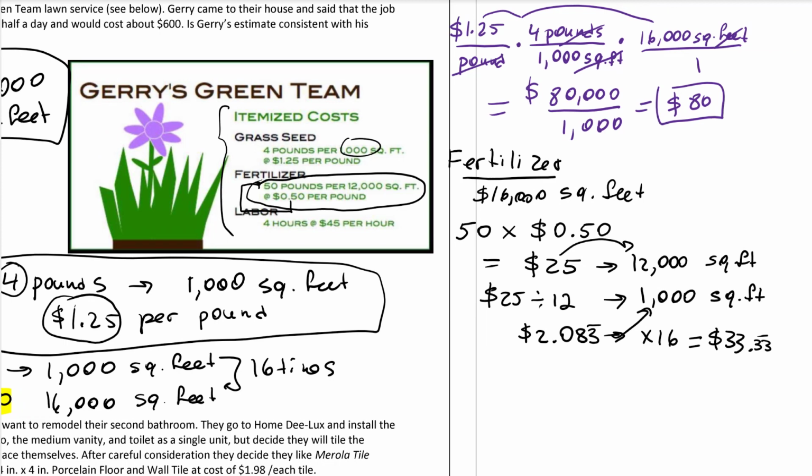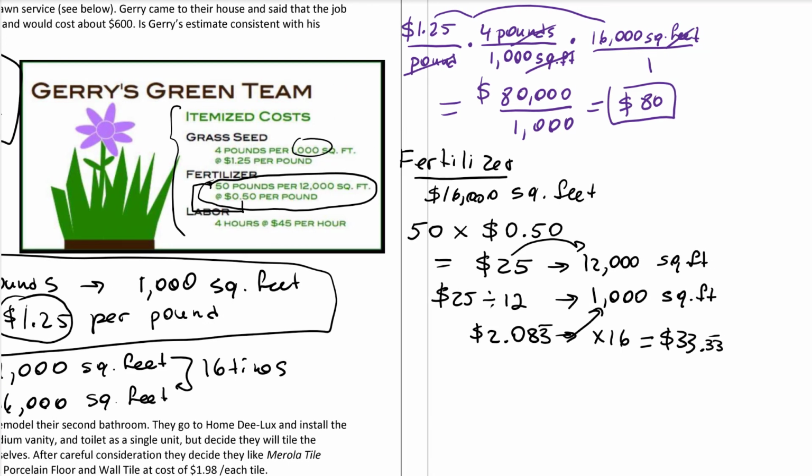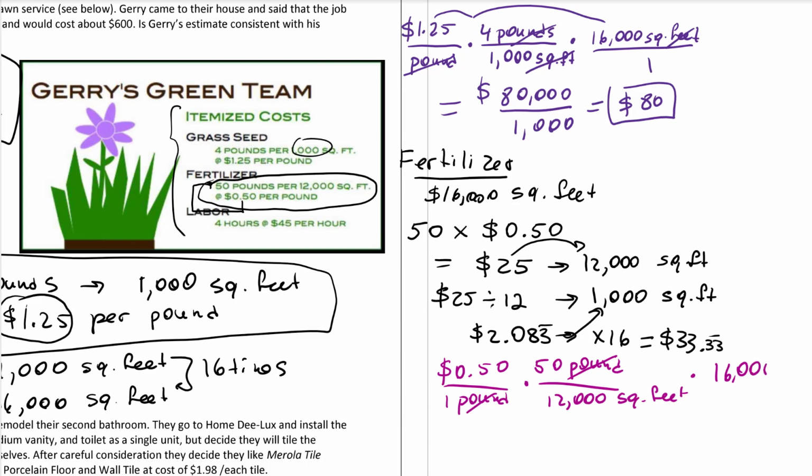If you use unit analysis for this particular question, things can become a little easier. Because you say, you're asking how much, so you put 50 cents per pound. Then you have 50 pounds for 12,000 square feet. So then the pounds can cancel. And then you multiply by 16,000 square feet over 1.